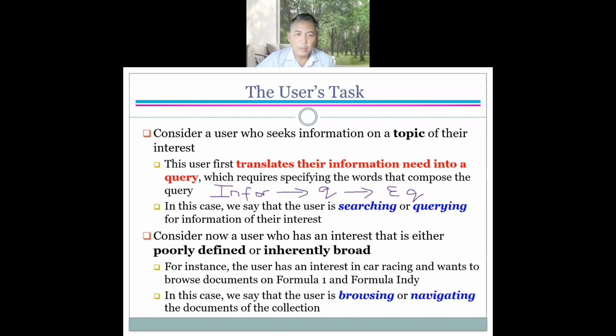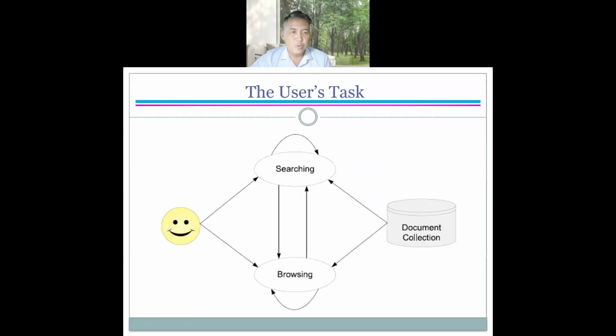If you have a poor background or you do not have enough information, you will spend more time browsing or navigating the documents because you do not know what the relevant document is with respect to your information.